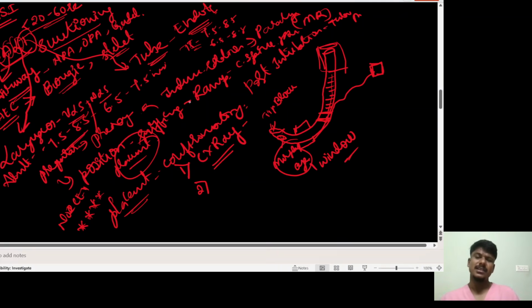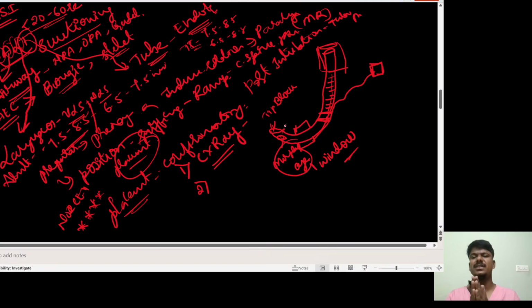And nowadays we are having the cuff. Before, we used to have high pressure, low volume cuffs. What will high pressure cause when the tube is in the trachea? The trachea has a soft epithelial mucosa. If you give high pressure, it is going to cause tracheal ischemia, tracheal damage, and tracheal necrosis.